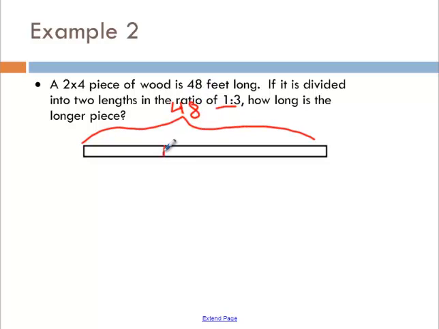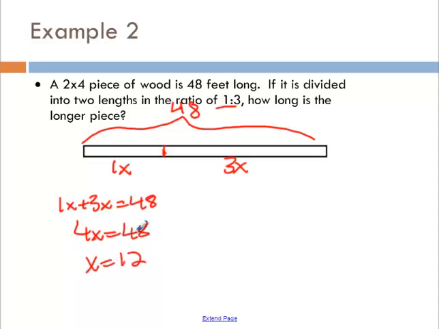We want to split it with a saw so that this piece is 1x and this piece is 3x. Because we have a ratio, we always put x's after. So 1x plus 3x equals 48. When you solve this, x is 12. Now that I know x is 12, how long is the longer piece? We plug 12 in, and we get 36 feet.